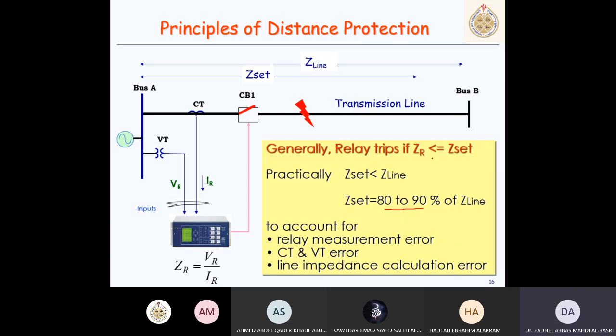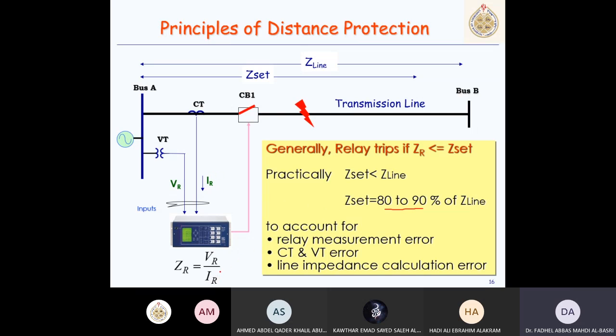And why can we not take 100% as our setting? Instead of comparing the measured impedance ZR with Z line fully, why don't we use the full line, 100% Z line? If the measured impedance is less than Z line, the relay sees the fault inside, but there are some errors in the VTs and CTs. In the CT we have 5% error.